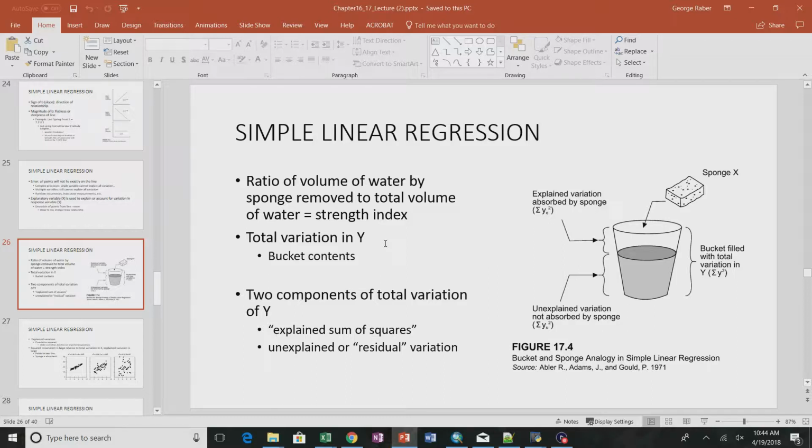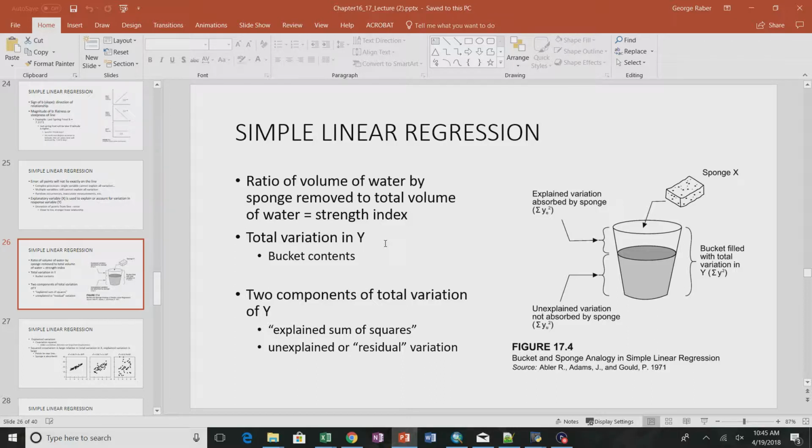The stuff that's absorbed by the sponge, we're going to refer to as the explained variation. After we run the model, this trend line explains some of the variation, but the variation in the residual values left is the unexplained variation.